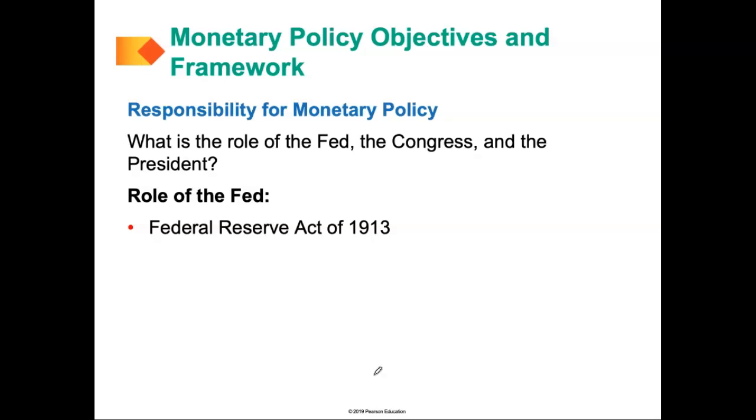So responsibility for monetary policy falls solely under the Federal Reserve, and the FOMC, the Federal Open Market Committee, is the branch of the Fed that is responsible for monetary policy.